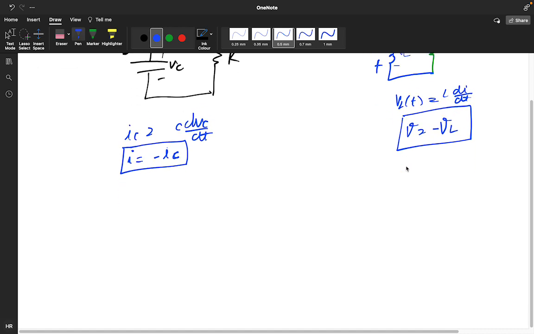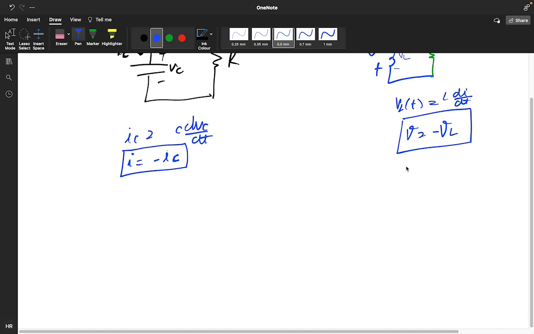And write the definitions. One thing I forgot to tell you guys: what is the meaning of time constant? Can anyone tell me the actual meaning of a time constant? What is the definition of a time constant? It's a very important question in an examination, in an interview.